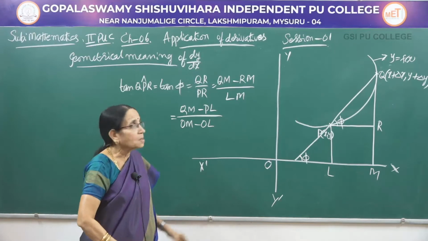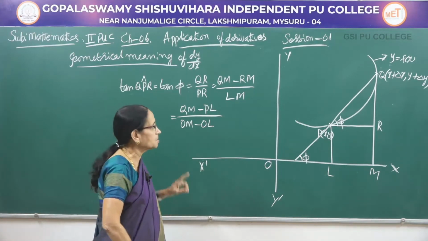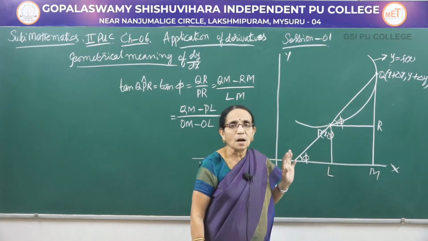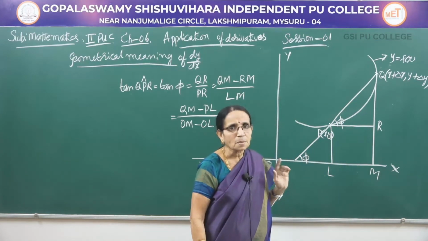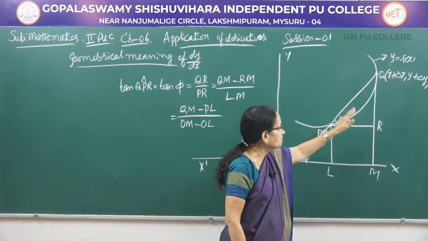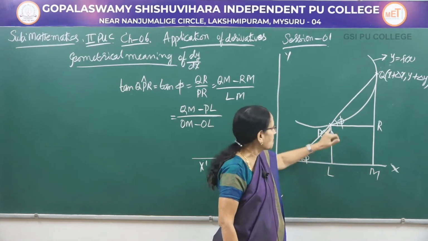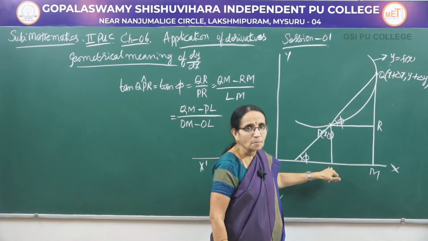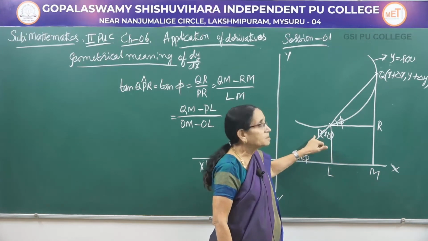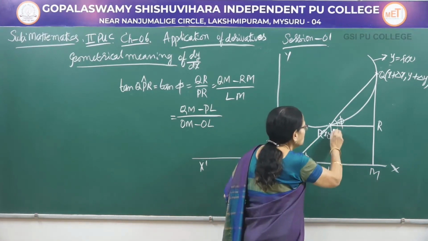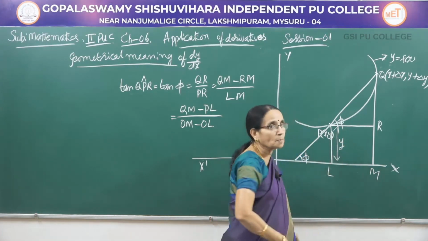Why I am writing in this particular form is, look here, P and Q whose coordinates I have considered, isn't it? And when I draw the perpendiculars PL and QM, I know the values of these. See, PL, as you know, the perpendicular distance is the y coordinate of the point P. So, this distance is equal to y.